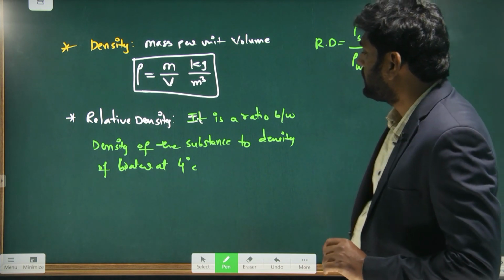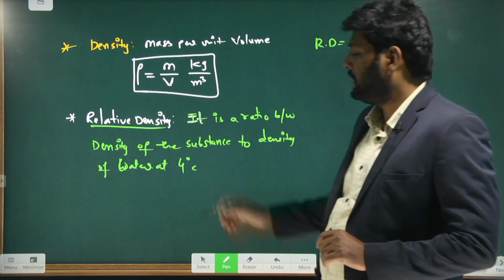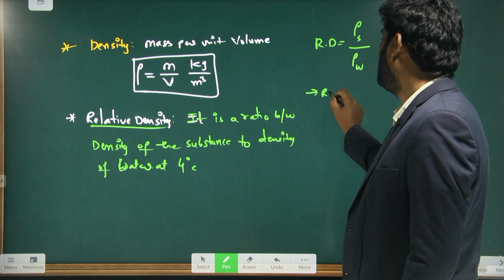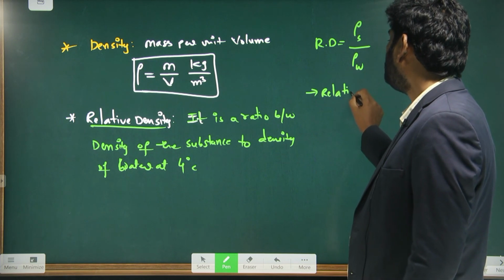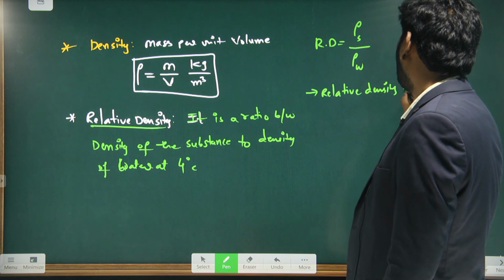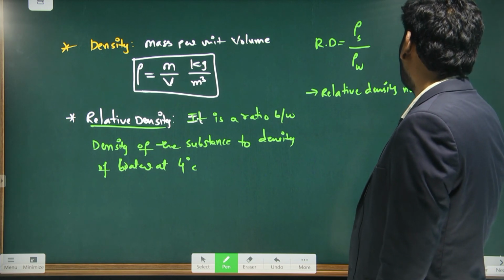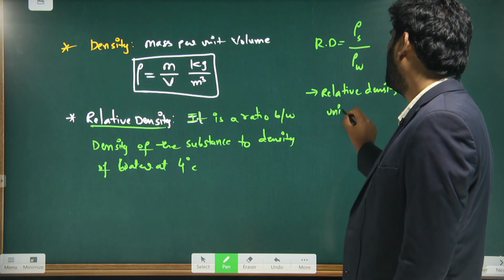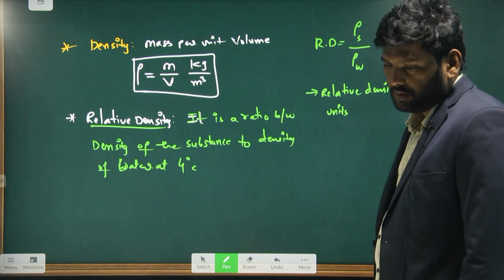So what is the final conclusion? Relative density has no units. Understand?